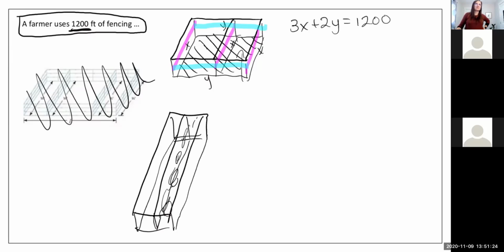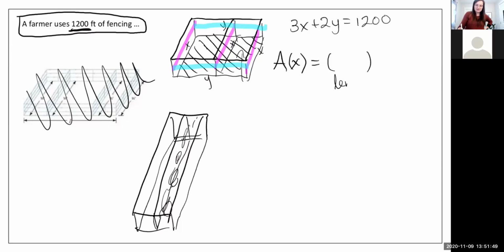And so if we want to create the biggest area, we need to consider what the area equation is. And we have to base it on one variable, either X or Y, either L or W. Let's say I'm making it based on X, but you could do it the other way. I need the length and the width, because area is length times width.